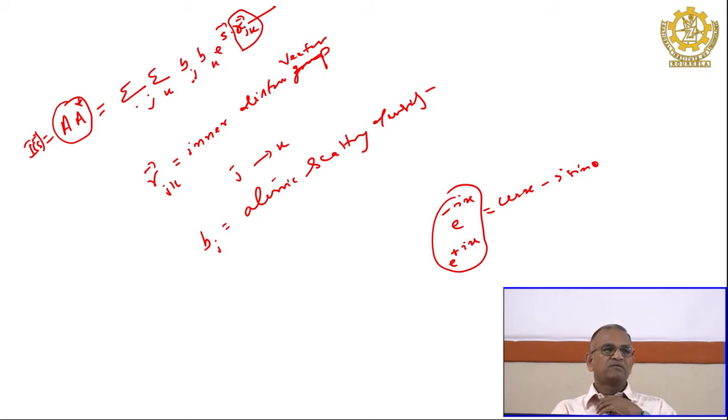If an atom is heavy, with more number of electrons, bj will be higher. Remember it, bj depends on the atomic number. If the atomic number is more, the value of bj will be more.